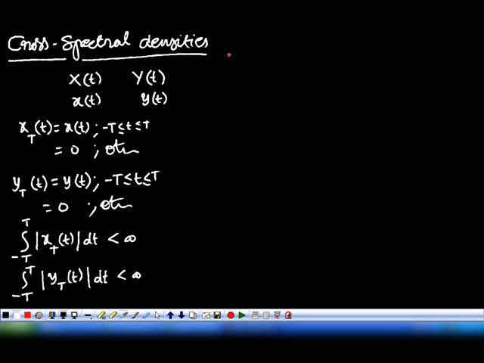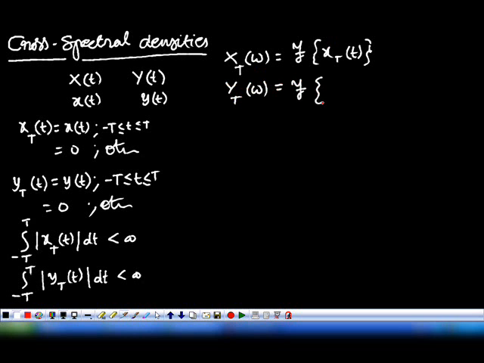So then this XT of omega can be written as the Fourier transform of xT of t. That exists because we are letting xT of t be absolutely integrable in the interval minus T to T. And let YT of omega be equivalent to the Fourier transform of yT of t.